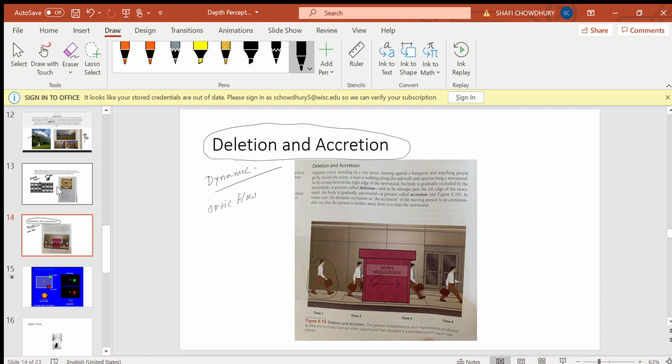Now if you are static and you can create those motions in space, like those things are moving towards you, then you feel that you are moving fast. If they move towards you very fast, you feel that you are moving forward very fast. If they get slow, then you feel that you are getting slow.